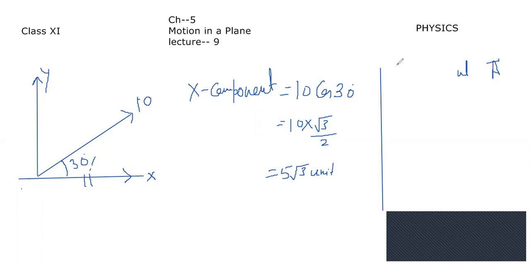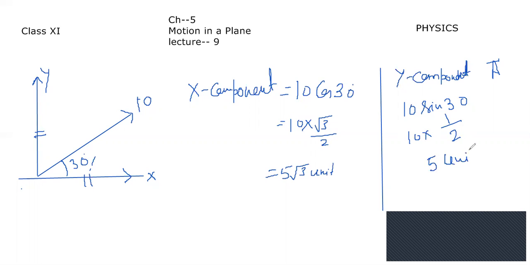And if we calculate the y component, what is it? 10 sine 30, because the y component is the far side from theta. So 10 into sine 30, what is the value? 1 by 2.